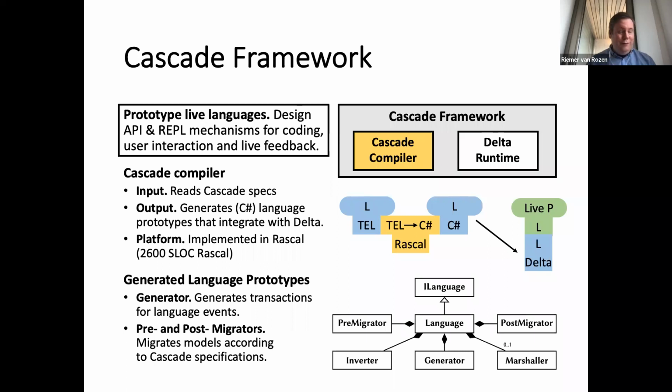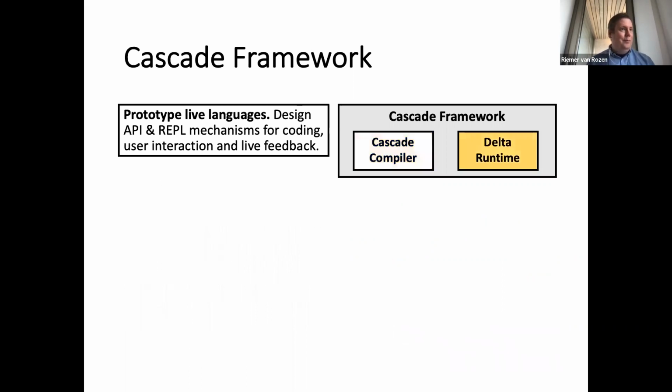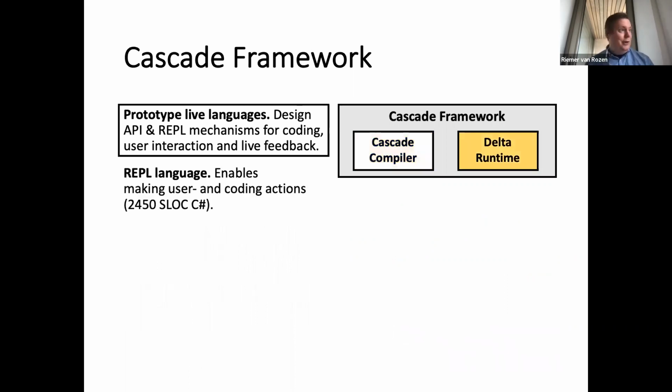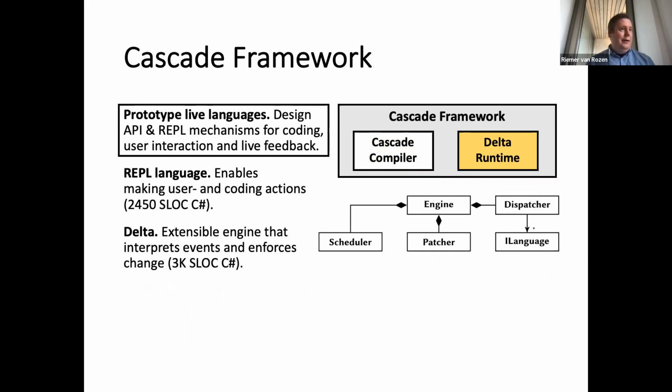But instead of getting stack traces that are removed afterwards, in this case we also have stack traces, but we have a result, namely a history that has all the committed events. And these migrators are called by Delta's runtime that enables making user encoding actions.